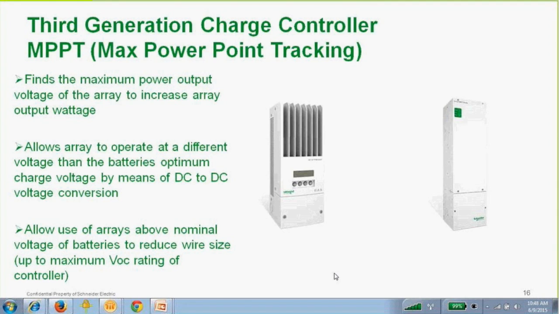Now the controller on the right there goes even higher. We call that the MPPT 8600, which means it has an 80 amp output maximum at a 600 volt input. So one of the uses for this, now 600 matches our standard grid tie inverters that we all deal with.